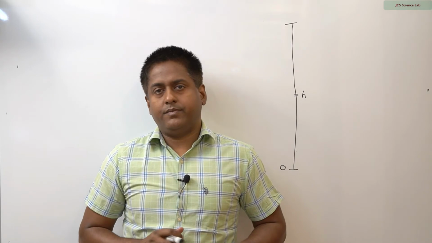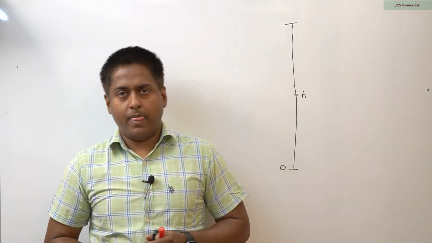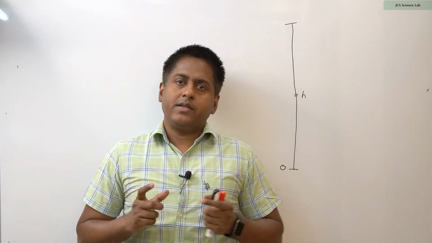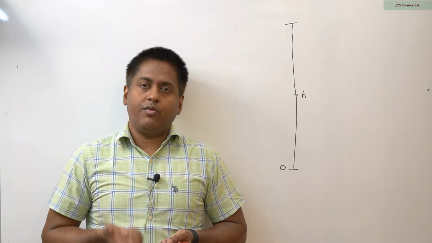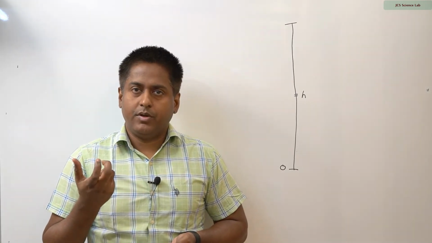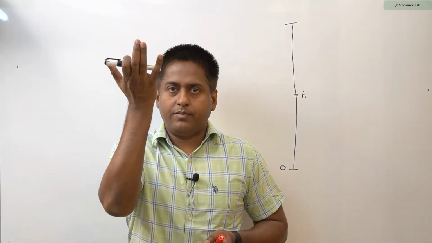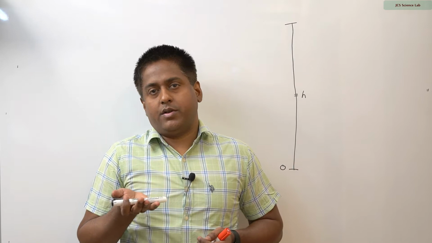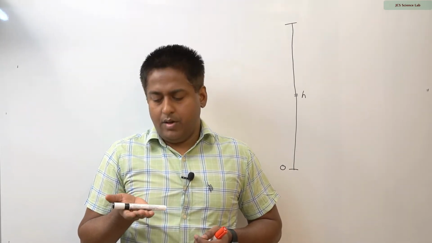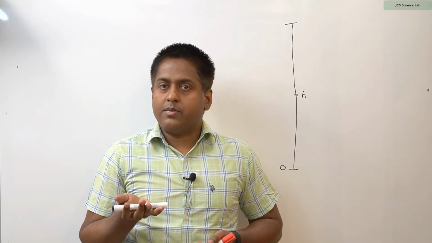Let's discuss question number 2. In this, I would like to first discuss with you the very basic concepts of vertical motion. In vertical motion, when an object is thrown upward, it is thrown with some initial velocity. So whenever an object is thrown, the initial velocity is more than 0.